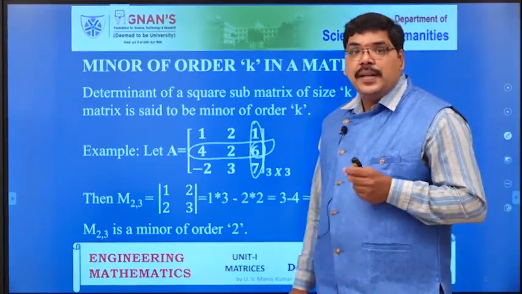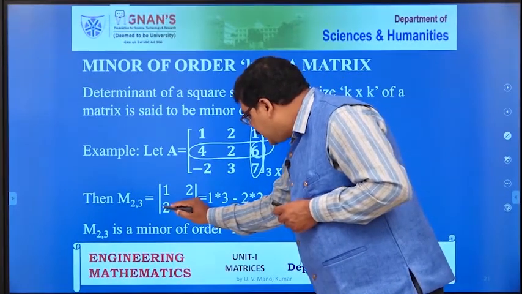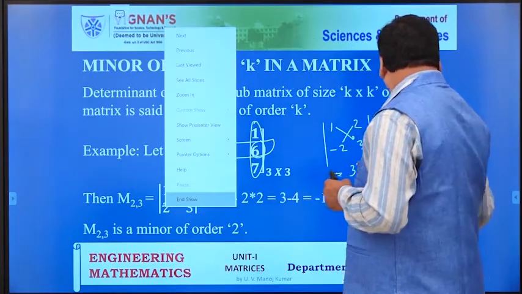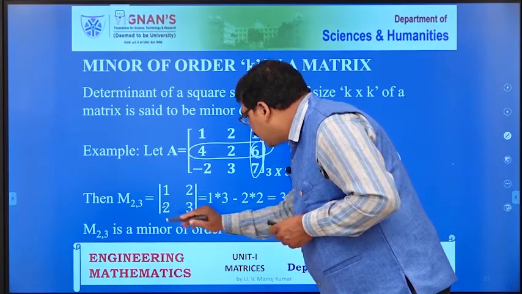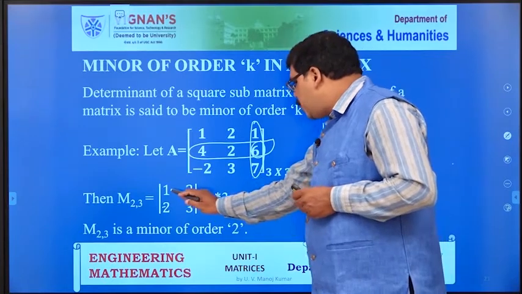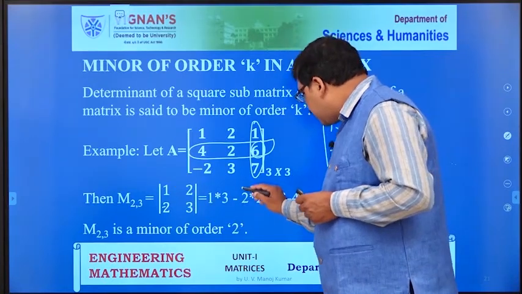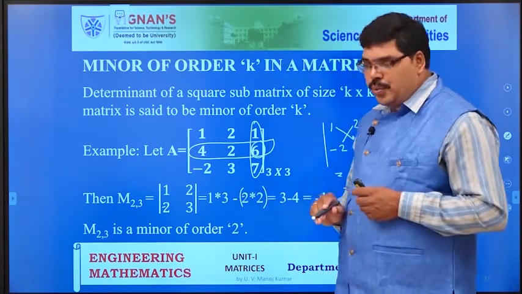So the minor of the element 2, 3 is the determinant of 1, 2, minus 2, 3, which equals 1 into 3 minus 2 into 2.